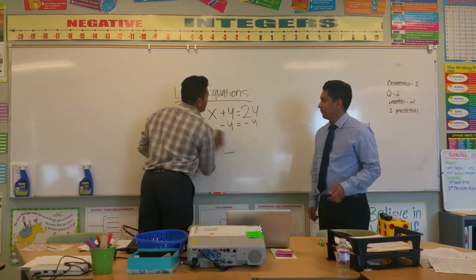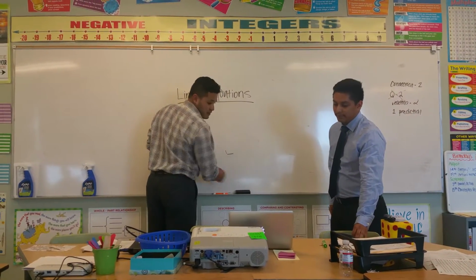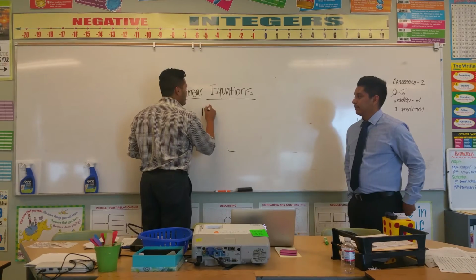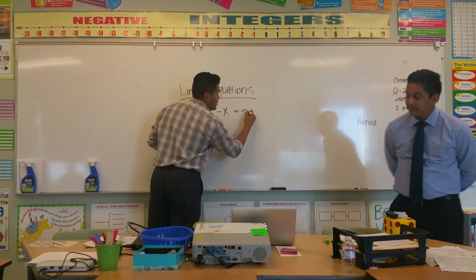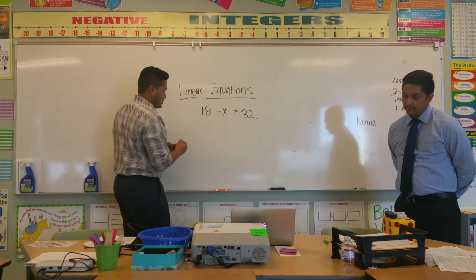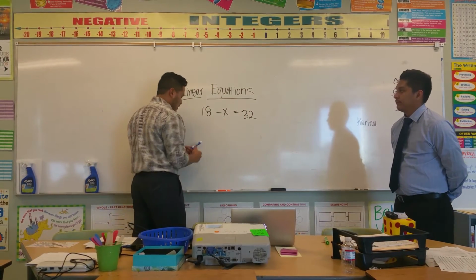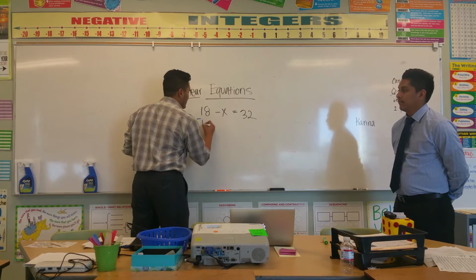Alright, let's practice another one. Let's have 18 minus x equal to 32. This one's a little bit trickier. If you want to keep x on the left side, you can subtract 18 from both sides.